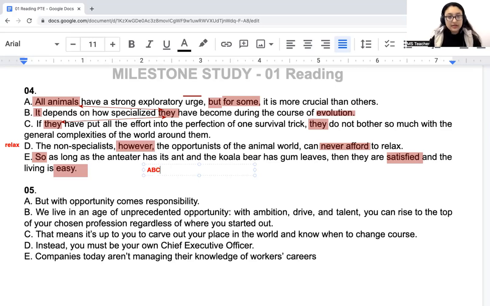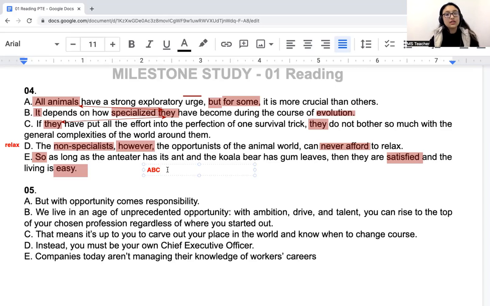Then comes C. If they have put all the effort into one survival trick, they do not bother so much. Look, the word special, we have one more hint here, special and non-special. So it depends on how specialized they have become during the course of evolution.